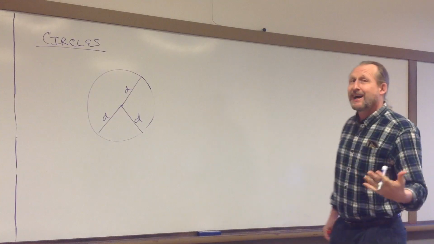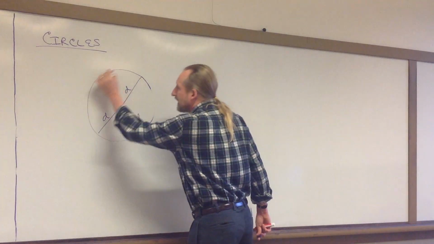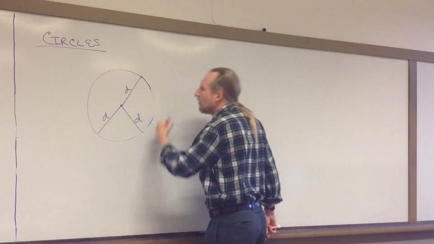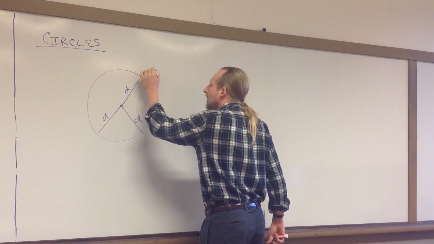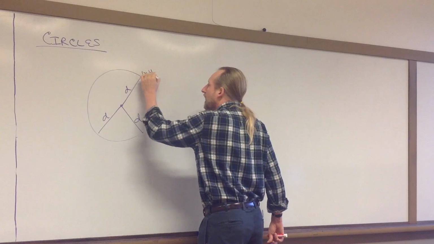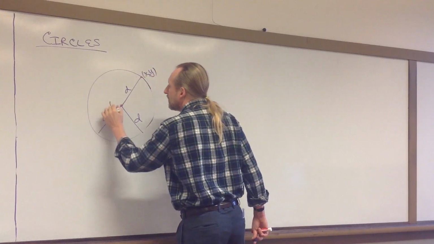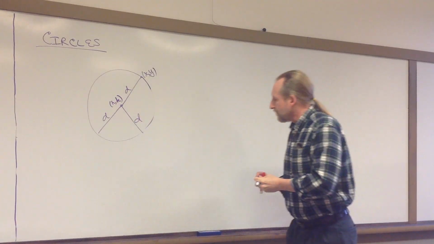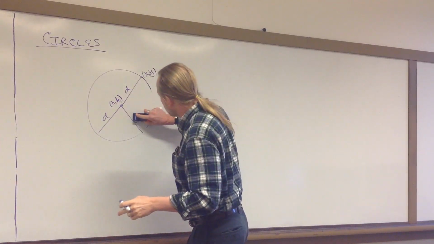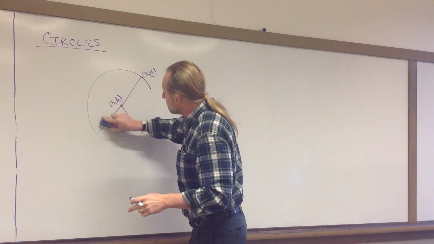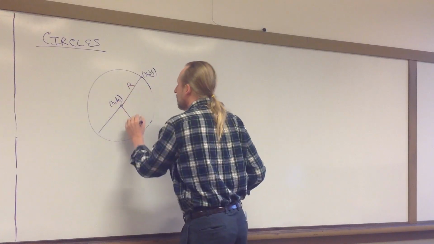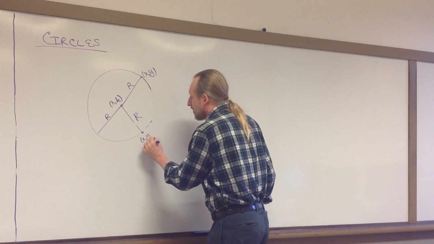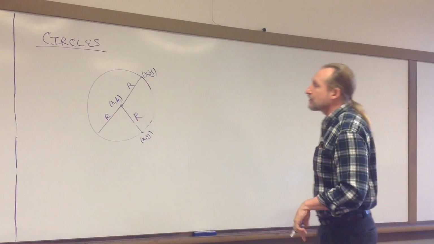That's the defining feature of the circle, that you've got this constant radius where the distance is always the same. Any point (x, y) on the edge of a circle is always going to be the same distance d, or I'll replace that with an r since we call it the radius, same distance r from the center of the circle.